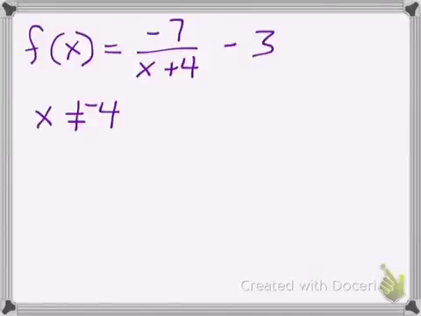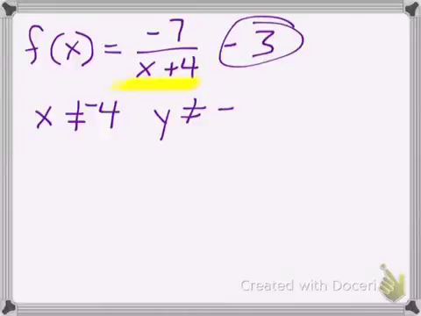No, it's not +3. This piece cannot be 0, which means y cannot be whatever this is. It's always that number. Okay? Because the only way we could get -3 is if this expression over here is equal to 0, and it can't be. It could be 3.